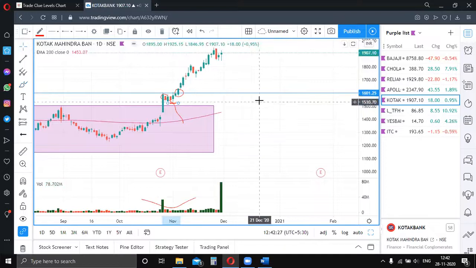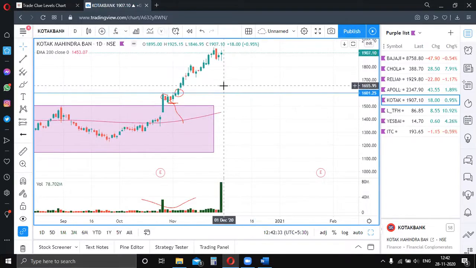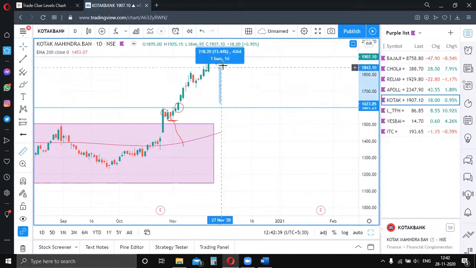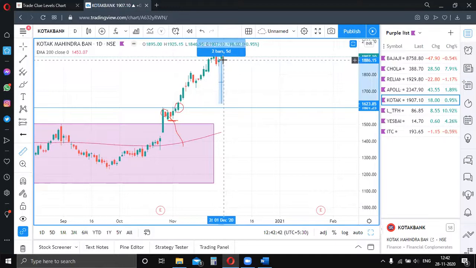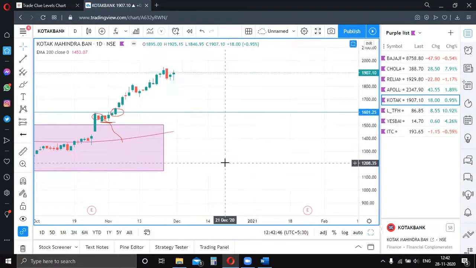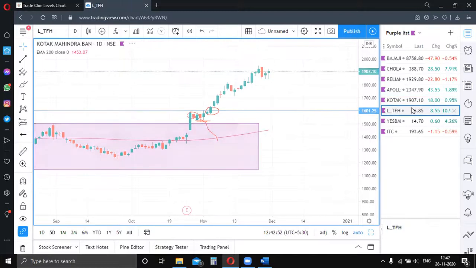After that, a clear breakout. Somewhere around a 16% move happened, right? So these are the pure breakouts that I actually try to get in with. Now this is the LNTFH.